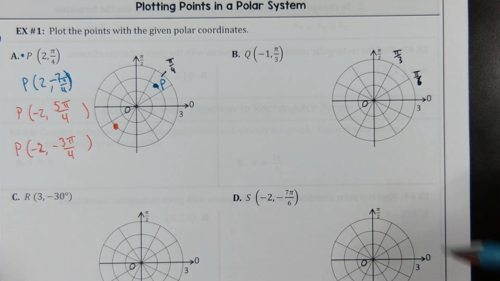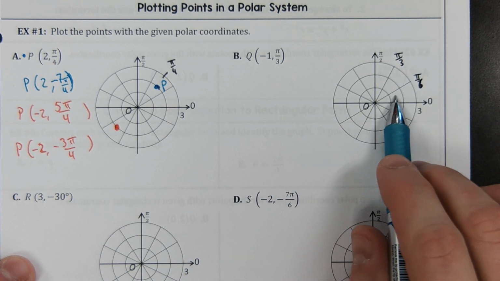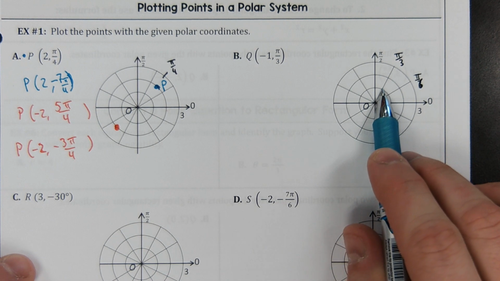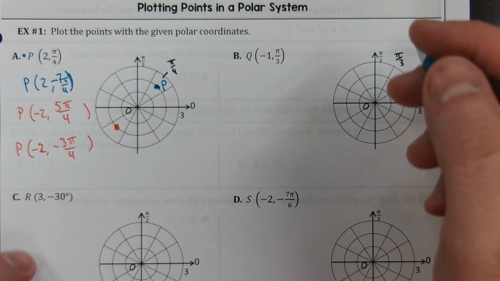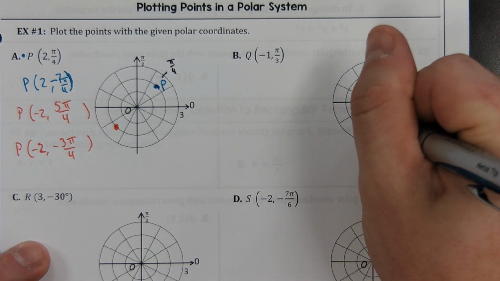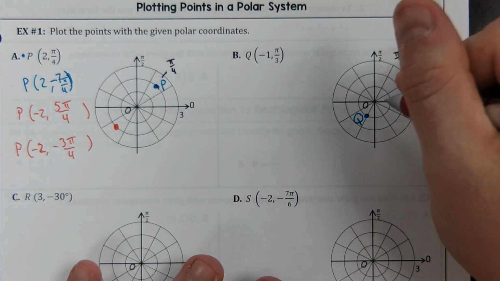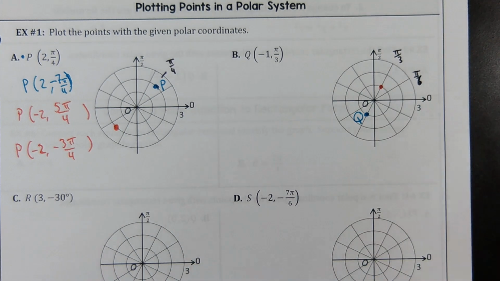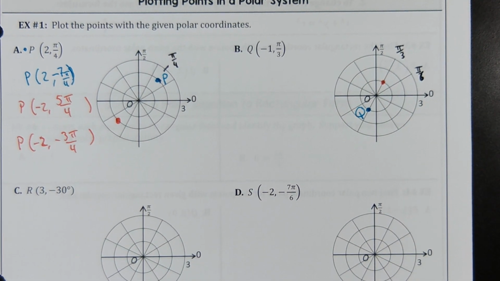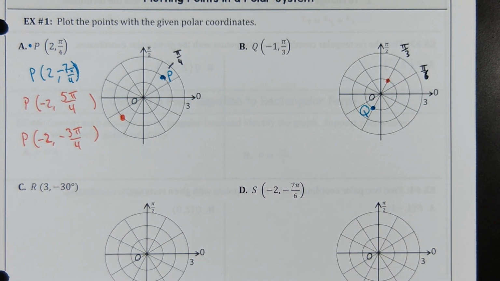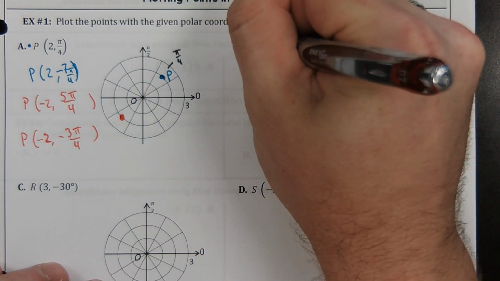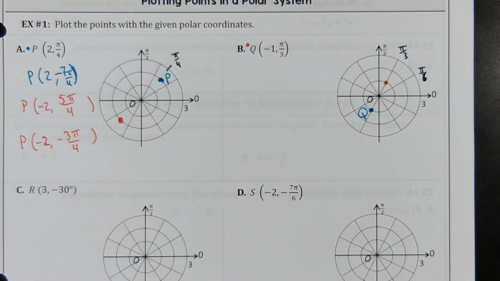So I go out 1 ring, I go to pi over 3. Do I get to stay there? Nope. Reflect. So it's actually there. There is point Q. But its reflection would have been here. So this would have been a red dot because it's negative radius.